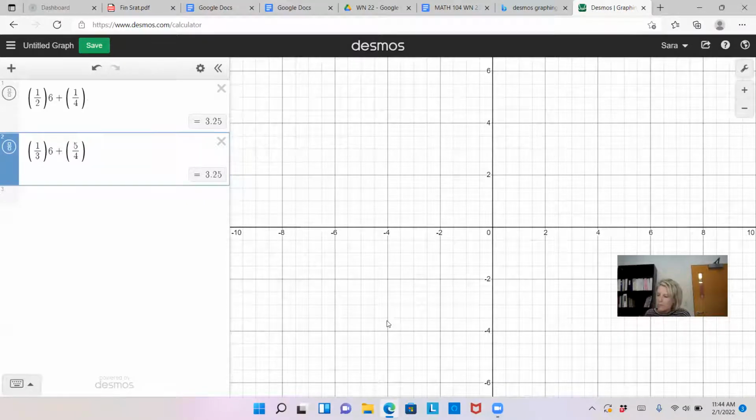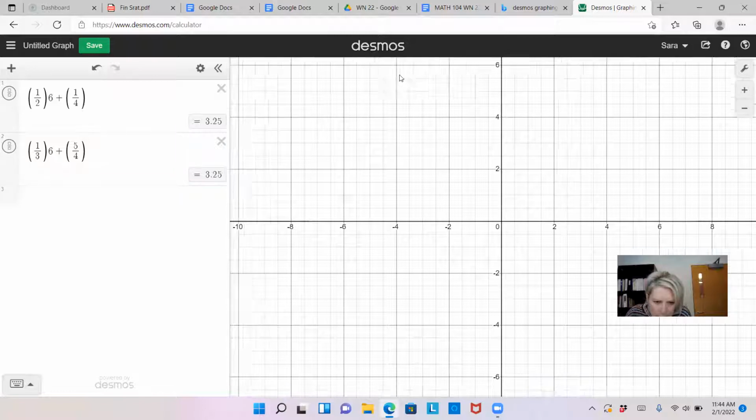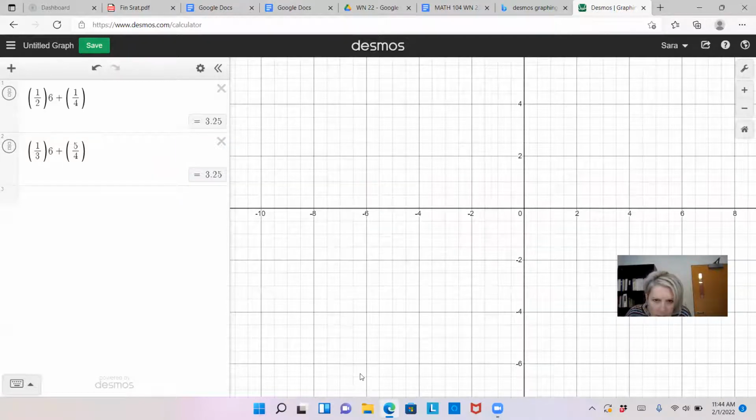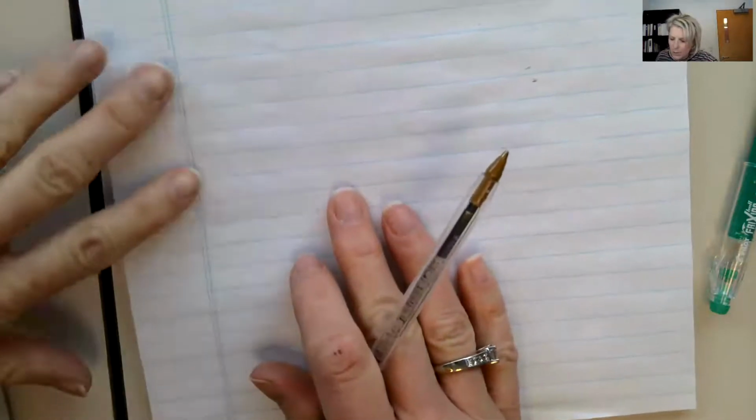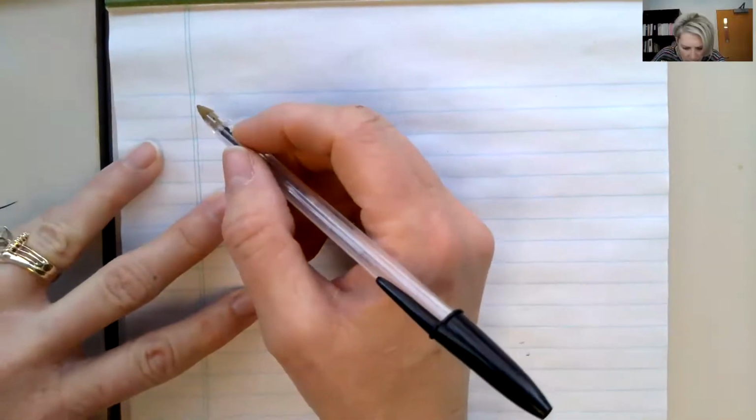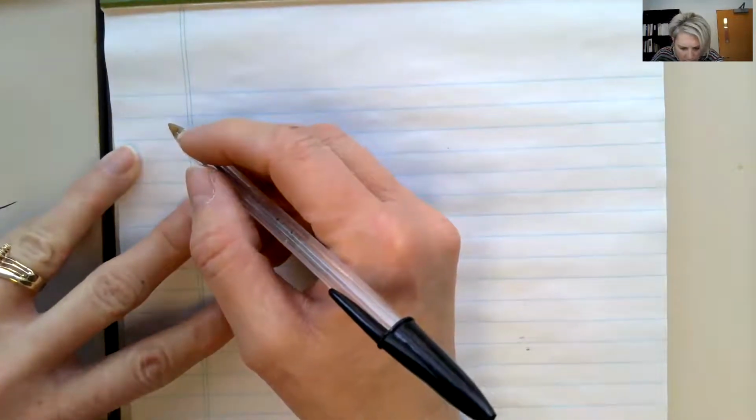Okay. Let's do some practice with putting our answers in interval notation as well from the 2.4. So 2.4, doing some good basic ones here.